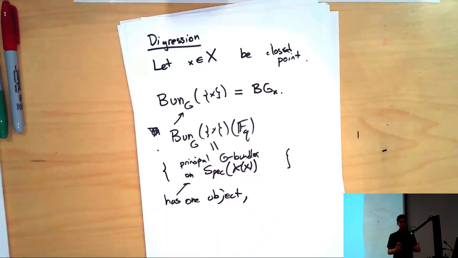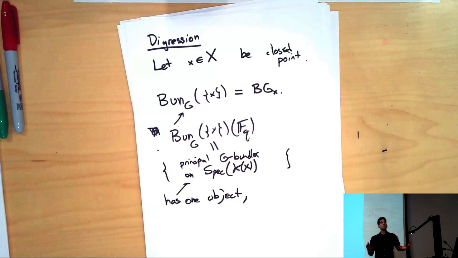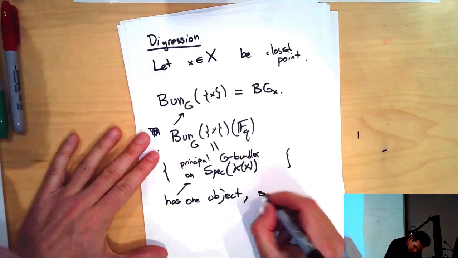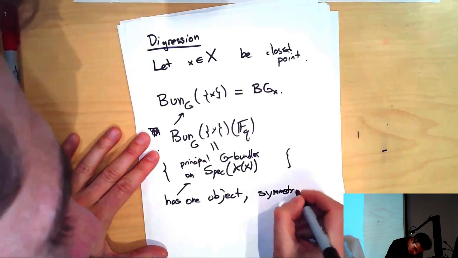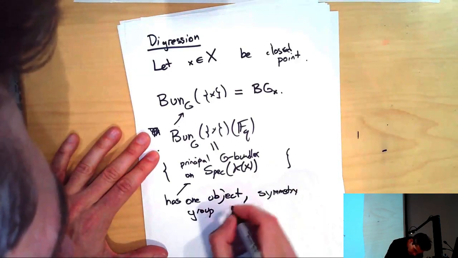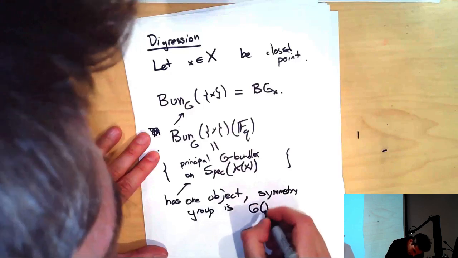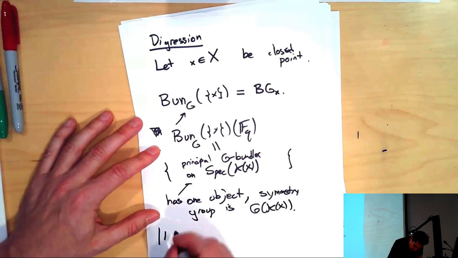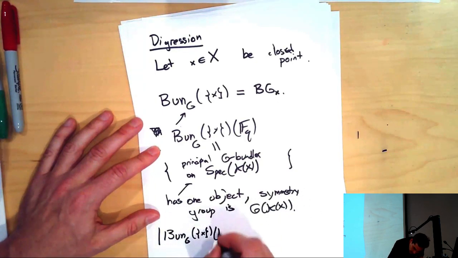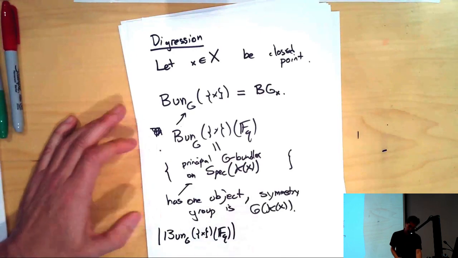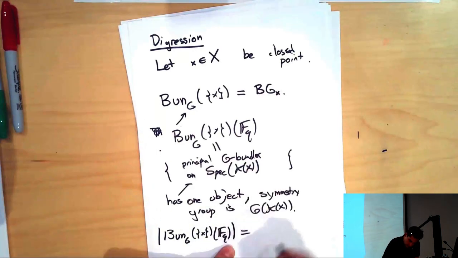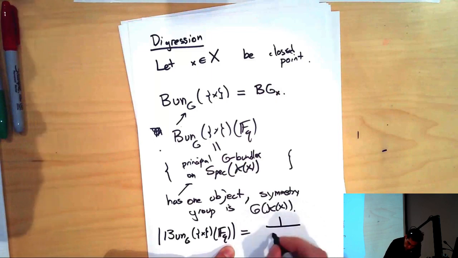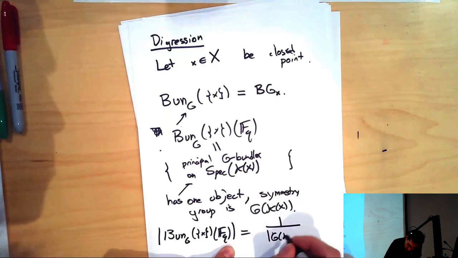It's the trivial G bundle, so its symmetry group is exactly the group G of kappa x. So if I asked, what's the number of principal G bundles at the point x counted with multiplicity? Well, that would be 1 over the size of this finite group G of kappa x.